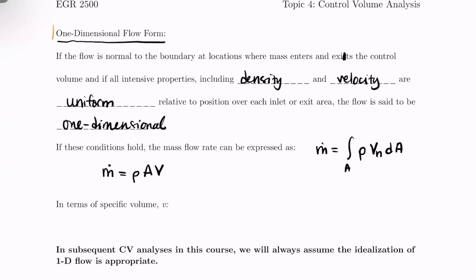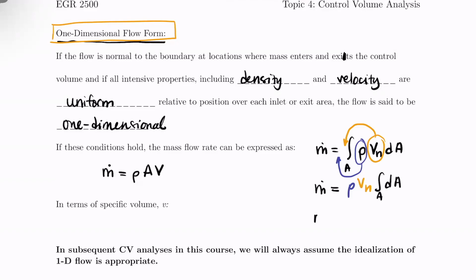If the flow is one-dimensional, we can bring out the density and velocity because these things are not changing with respect to space, so we have rho Vn times the integral of dA, which gives m dot equals rho V A. In terms of the specific volume, we would write this as m dot is equal to A V divided by specific volume.